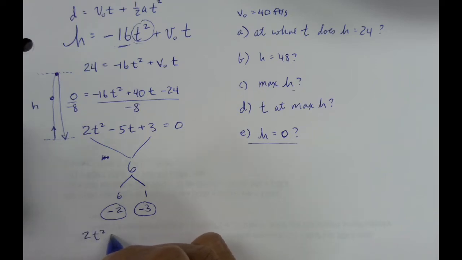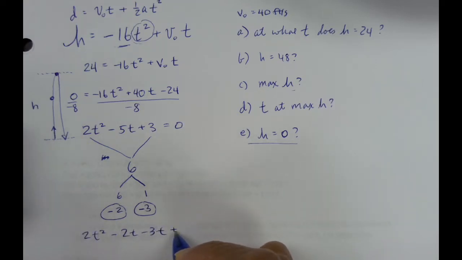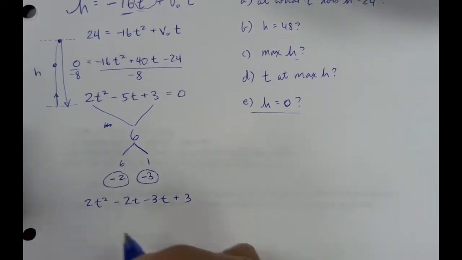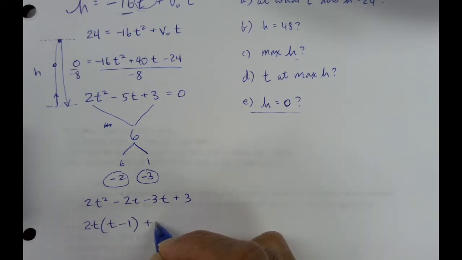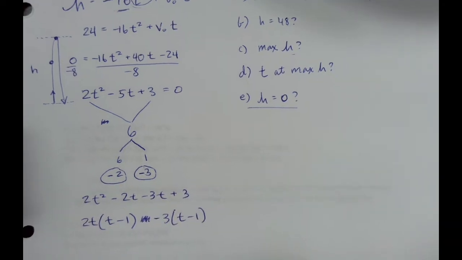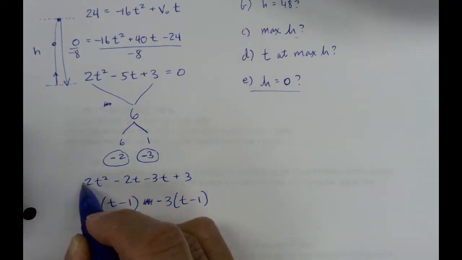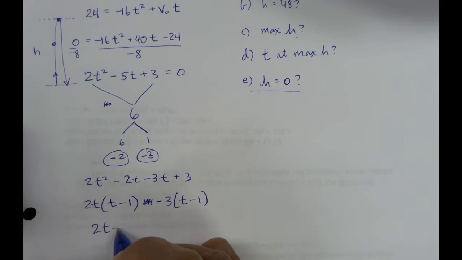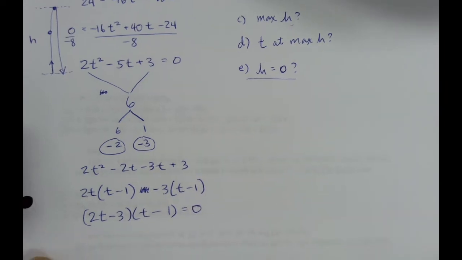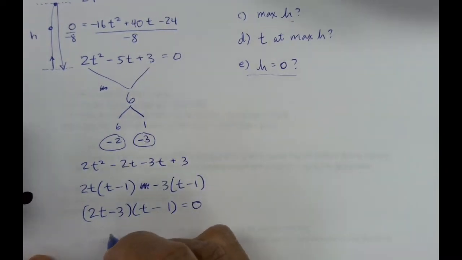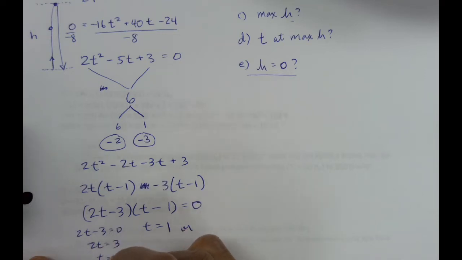So 2t squared minus 2t minus 3t, split those up, and factor out 2t, t minus 1 plus, minus 3t minus 1. Okay, so that will give us this above, and we'll factor out t minus 1, and this is equal to 0 as above. So either t equals 1, or if 2t minus 3 equals 0, 2t equals 3, and t equals 3 over 2.